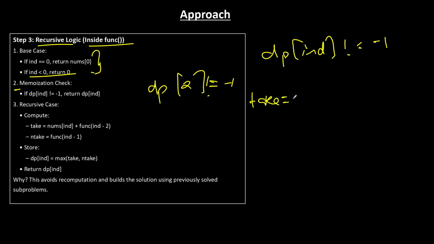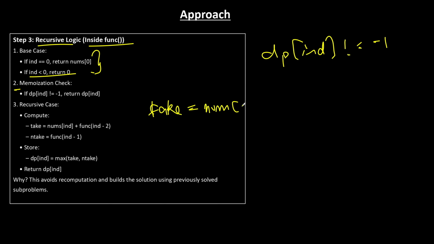If we write it in the proper manner, the take case will be nums of I plus fun of n minus 2, comma nums array, comma dp, comma n.